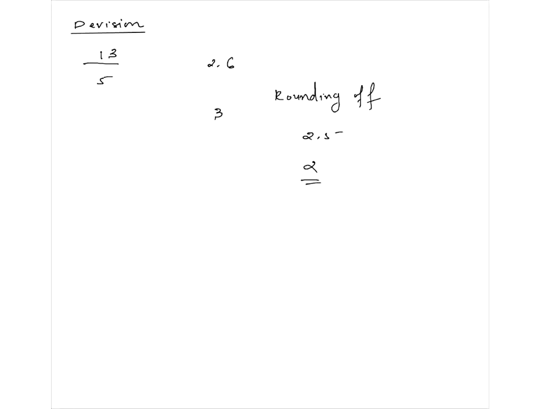Okay, so that's the division rule and that's the multiplication rule also. Don't give your answer which is more accurate than your worst reading. So you need to round off accordingly.